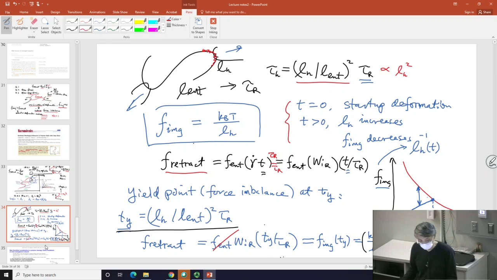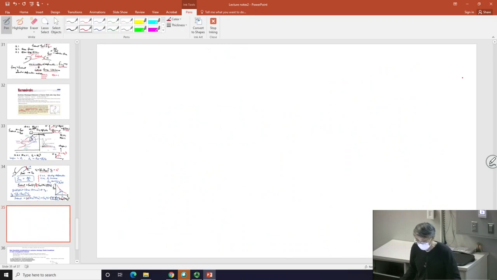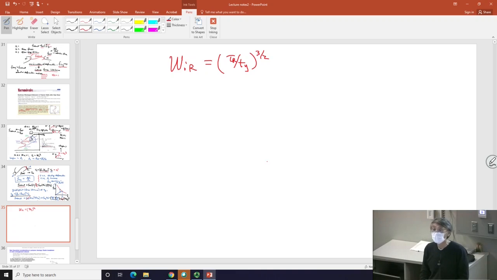In the next slide. Wi r is tau y to the 3/2.